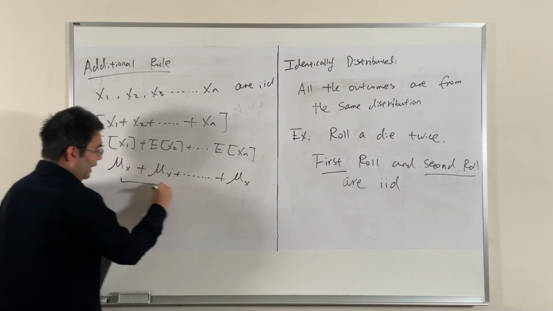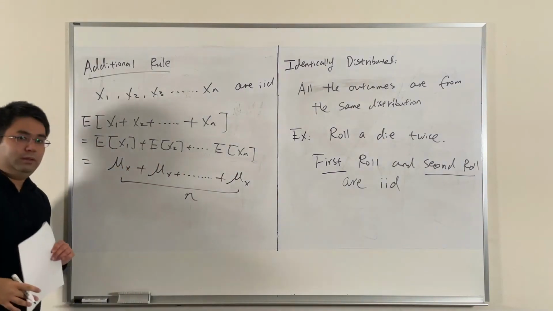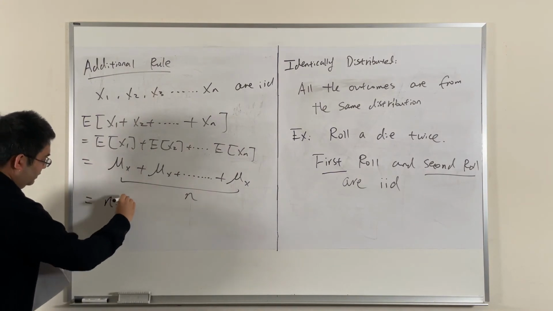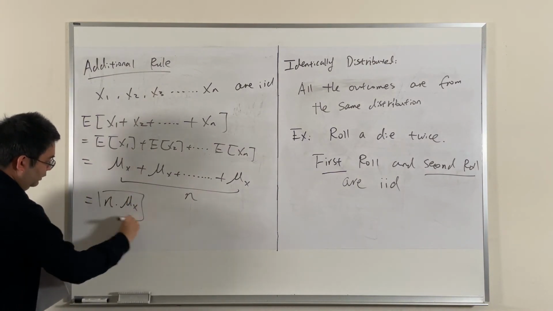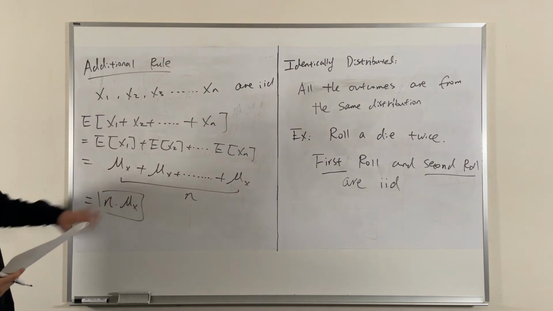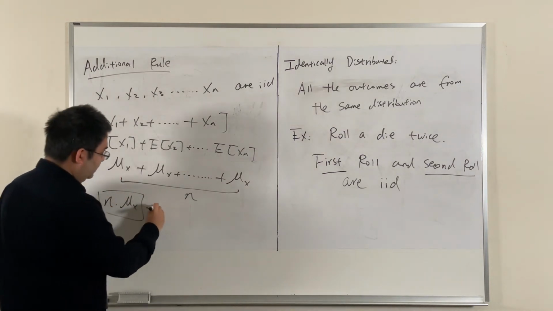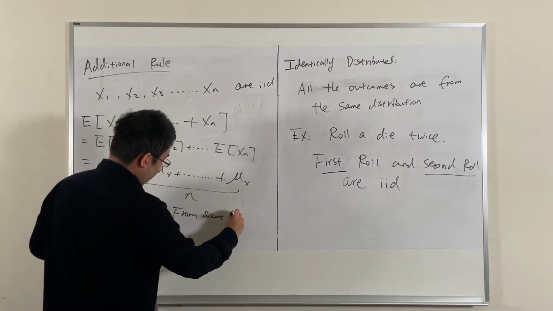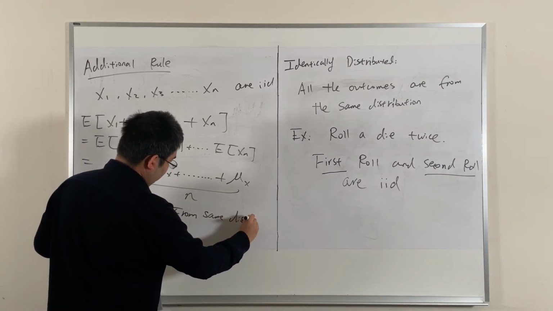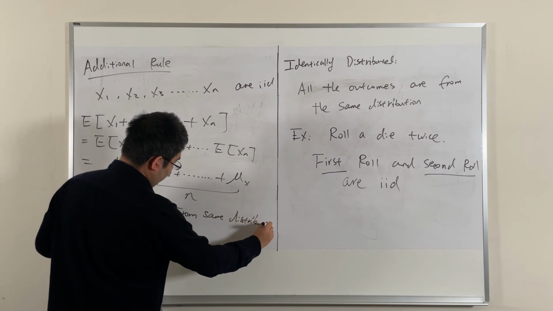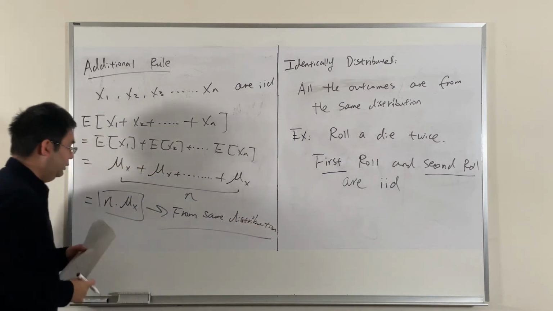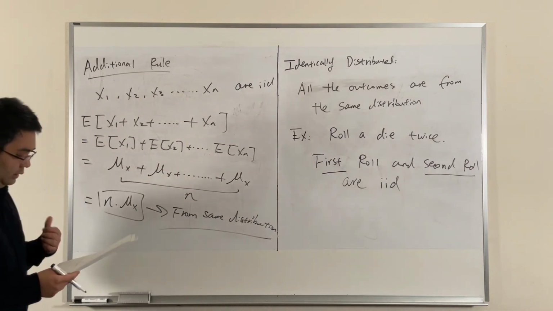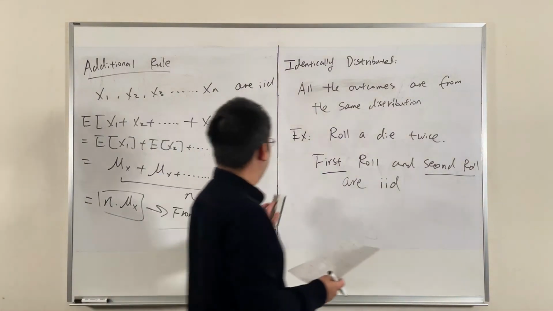And there are n of them, so this just equals n times mu x. The reason we can do this is that they're from the same distribution. Okay, very good.